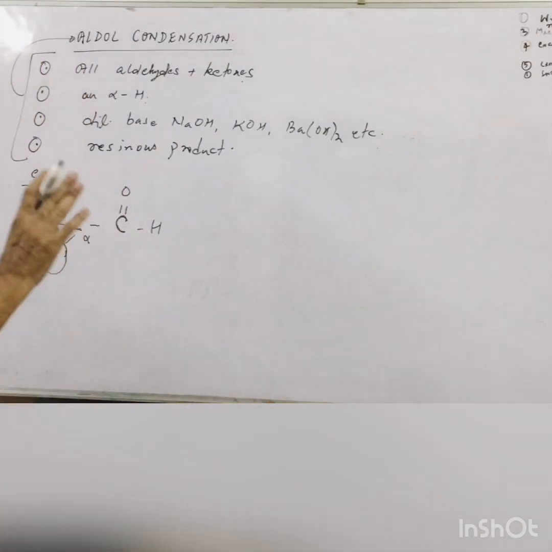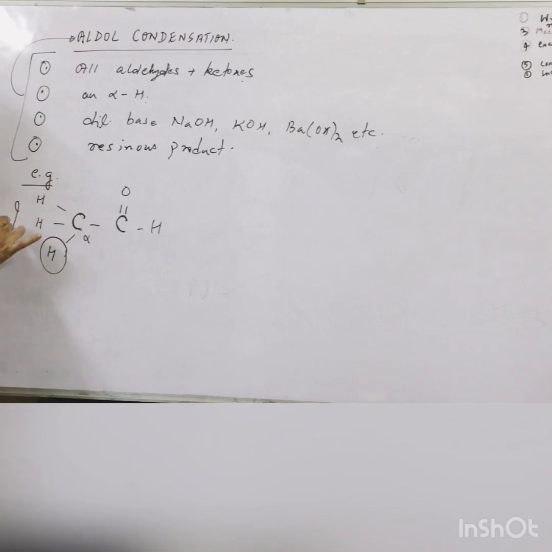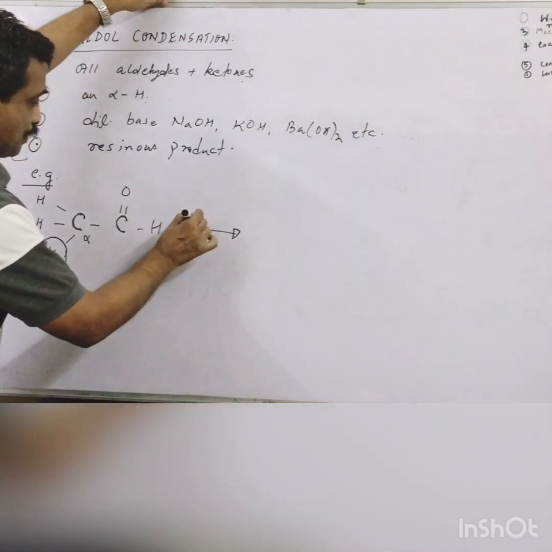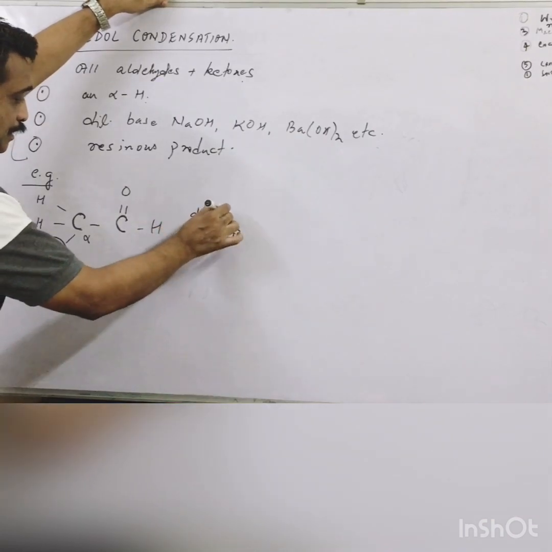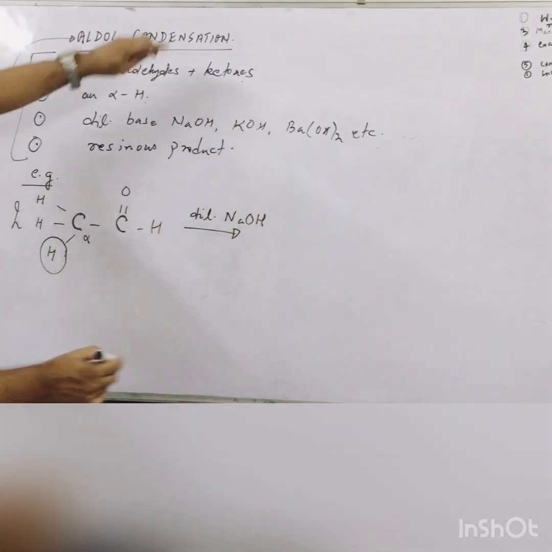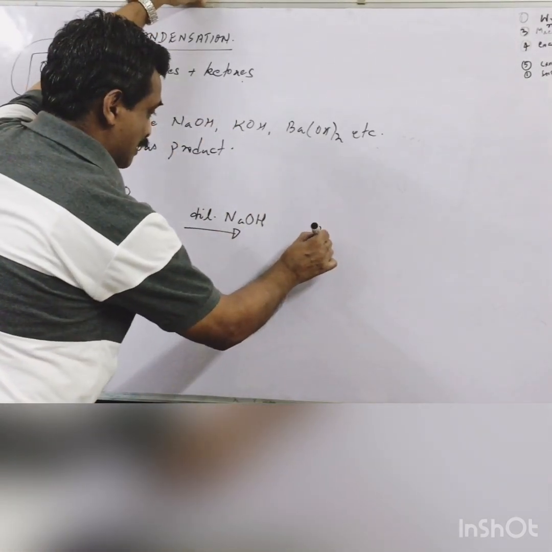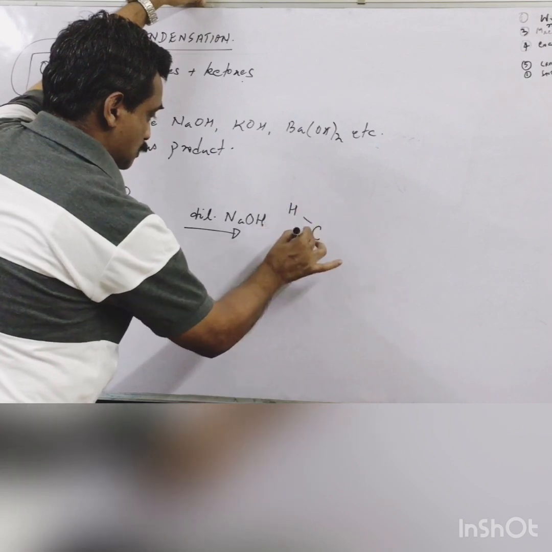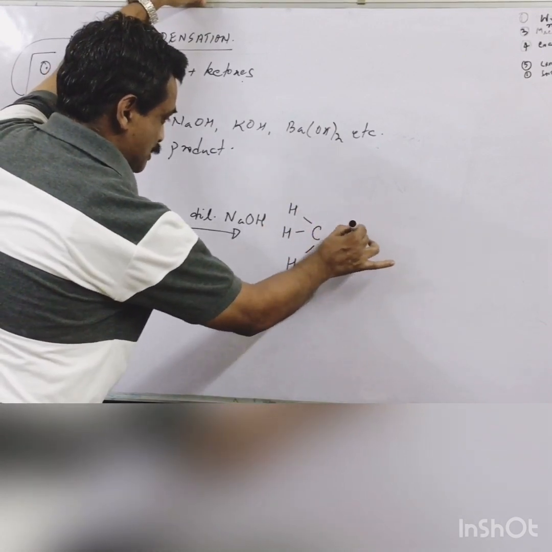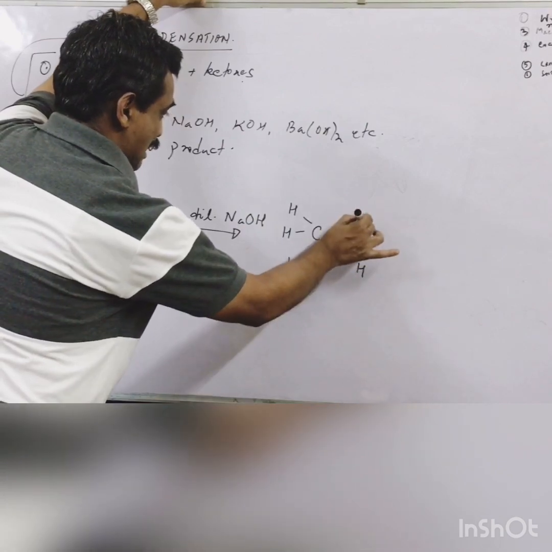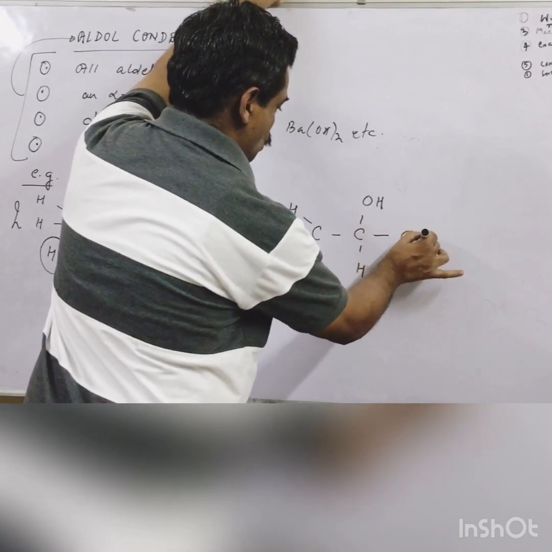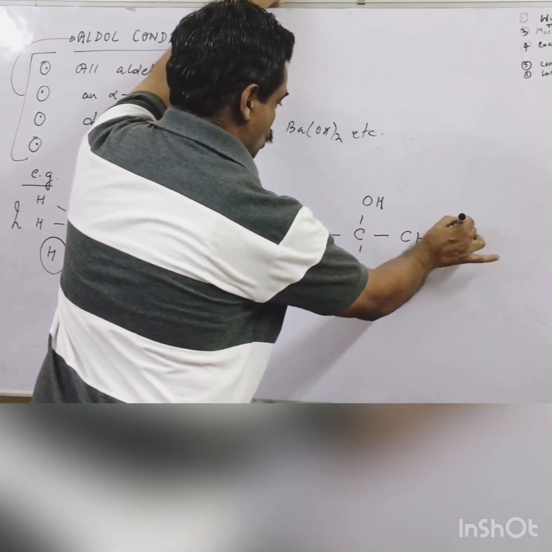Now when 2 moles of this aldehyde are allowed to react with a diluted base, say in the simplest case dilute NaOH, we get something like this. Look at it very carefully: CH3CH(OH)CH2CHO.